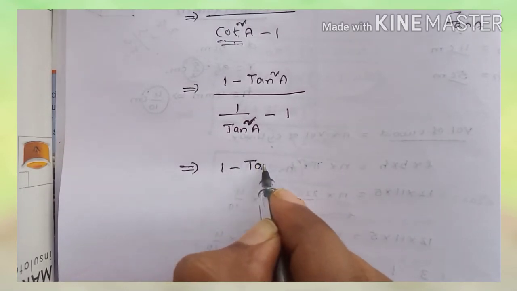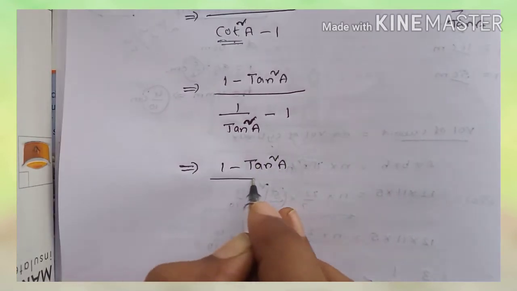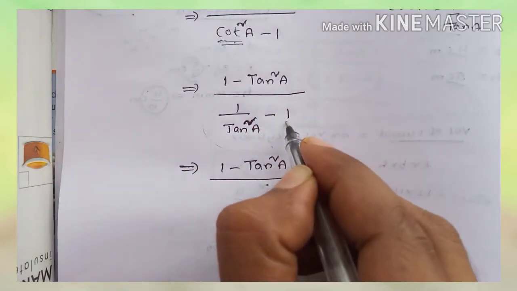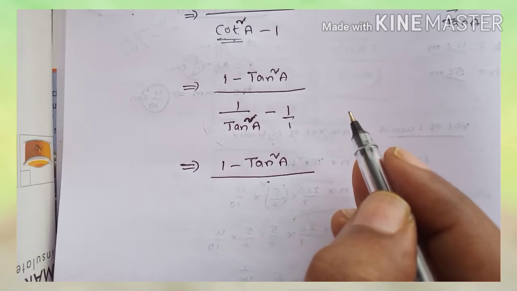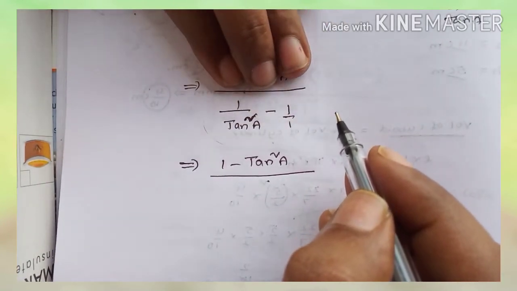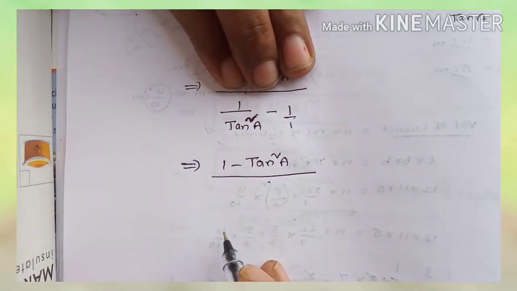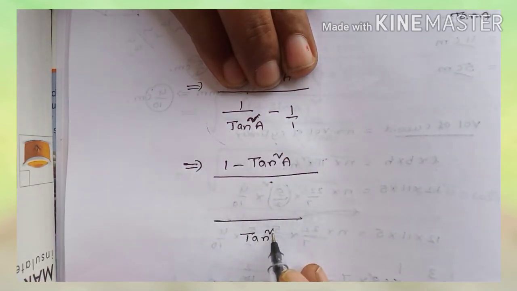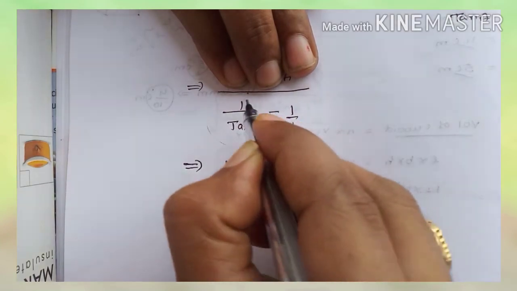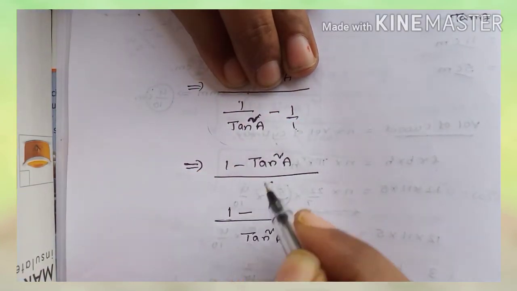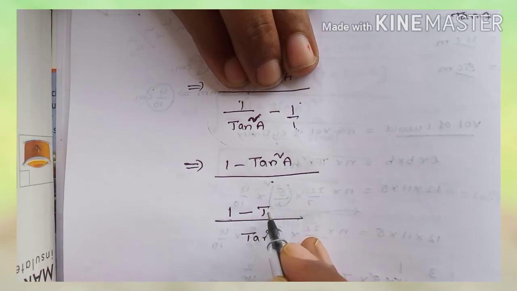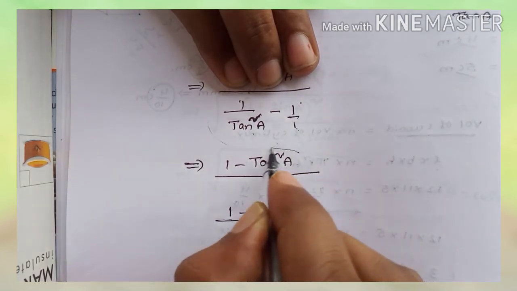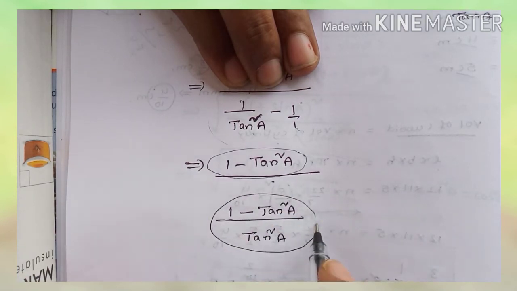1 minus tan squared A by, for the denominator we have to take the LCM. The denominator here is 1, so don't look at the numerator, see only the denominator. So the LCM of 1 and tan squared is tan squared A. Like cross multiplication, 1 into 1 is 1, tan squared into 1 is tan squared A. This is the numerator and this is the denominator.